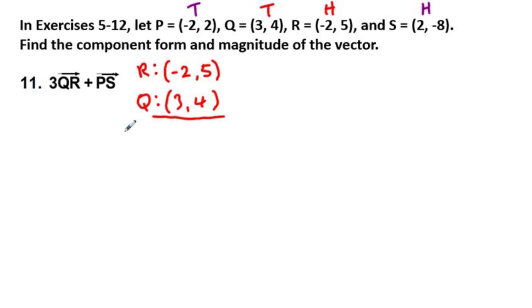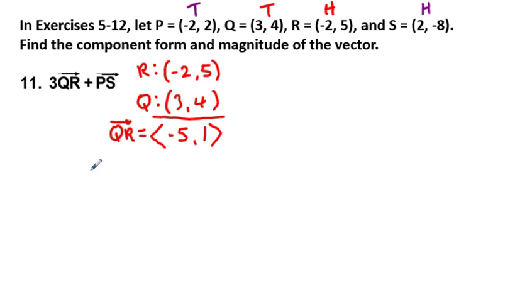And so vector QR is going to be equal to -2 minus 3, which is -5, and 5 minus 4, which is 1.